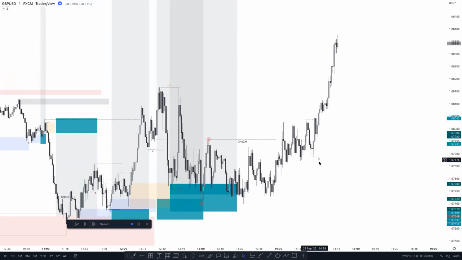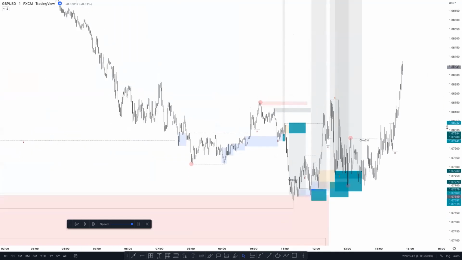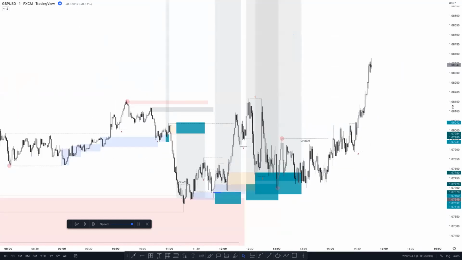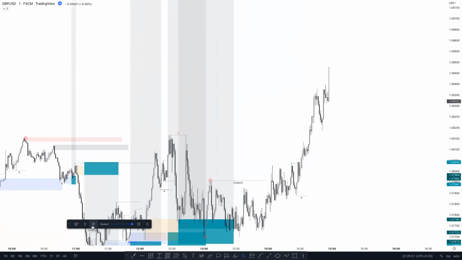Okay, there is no other entry possible here. Market is trying to continue higher. Let's see in the next move.